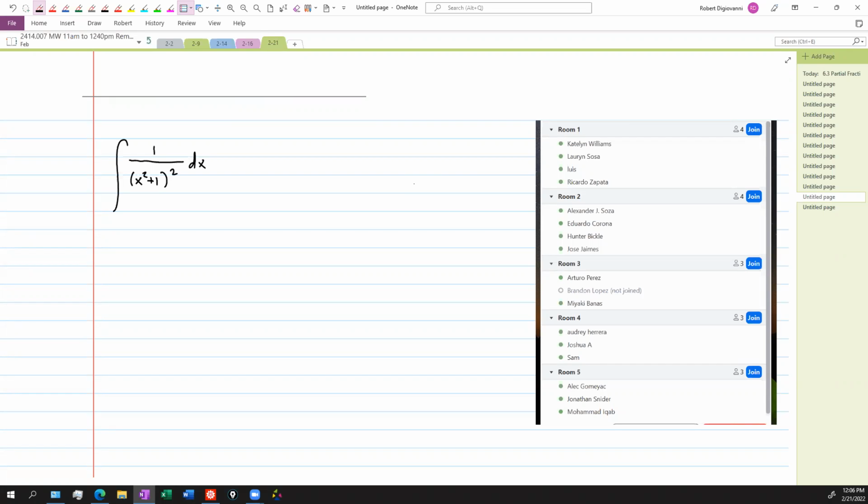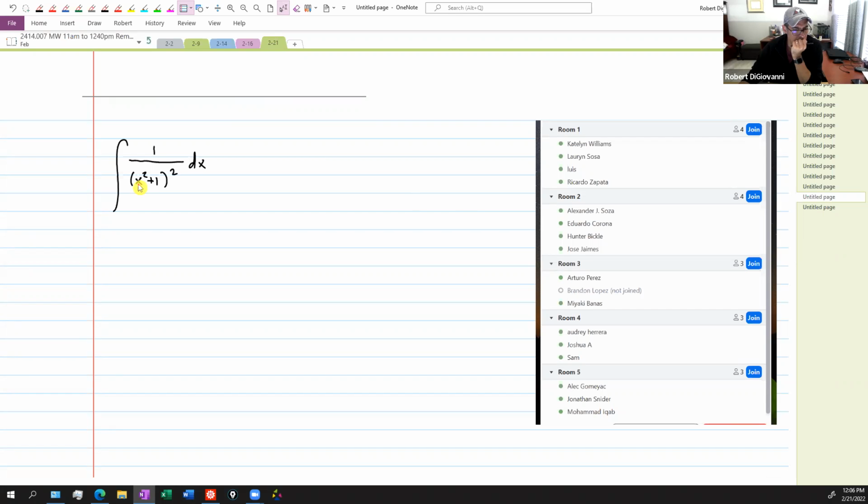Actually, no. The second thing was I was thinking it might be an irreducible quadratic that you could take the derivative of. But that was my only other thought. Okay. Not sure that's going to go.